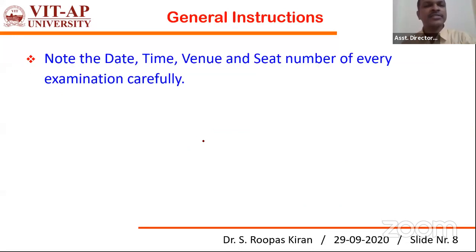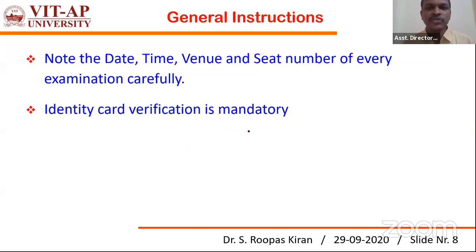Now the general instructions during the examination period. As I said, the details of the examinations will be released in your individual VTOP account. Date, time, venue, and seat number will be available once the D-bar list is generated.